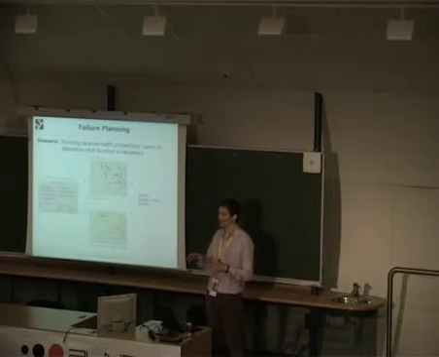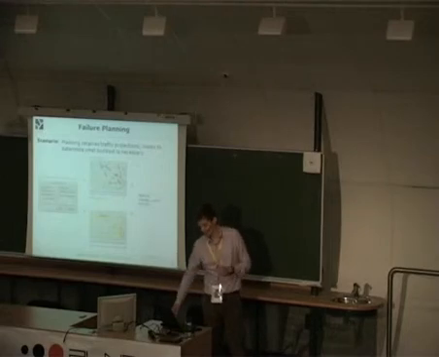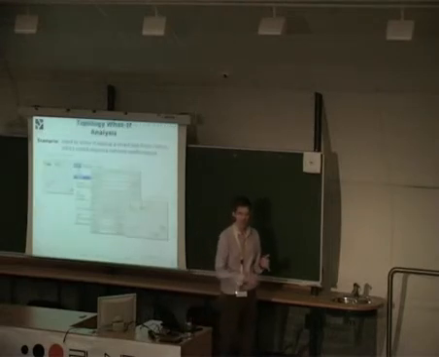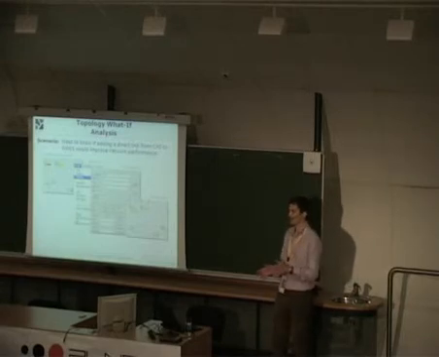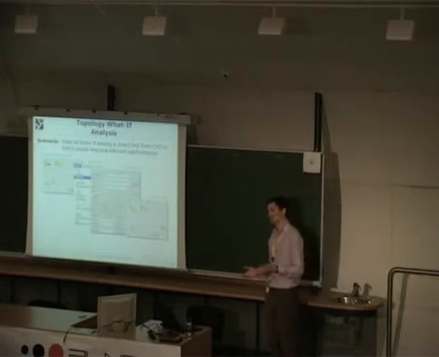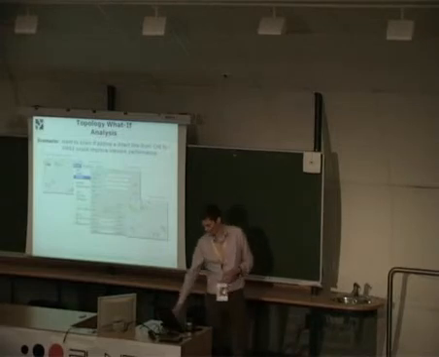So once you've got that, then you can do your what-if analysis. That is understanding, if I put a new link in the network, what the effect of that will be. Or if I change the routing, what the effect of that will be.